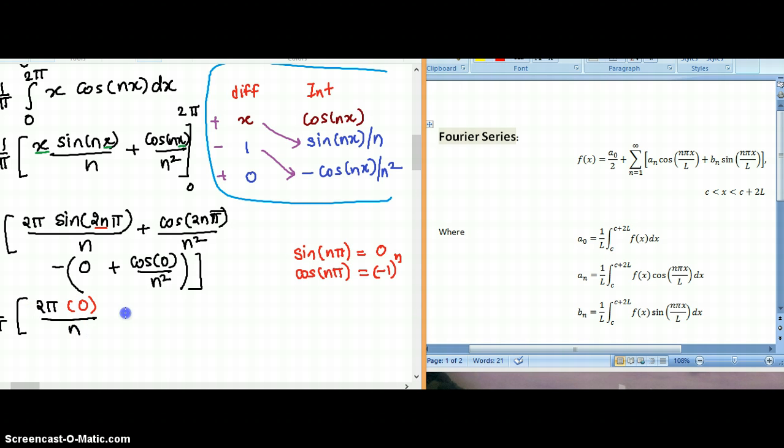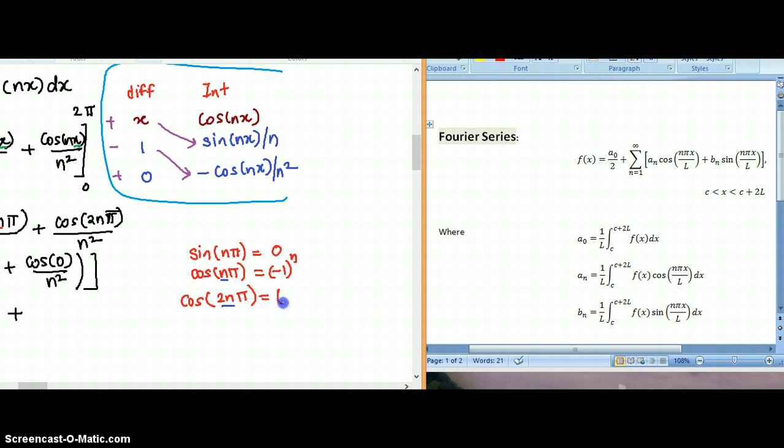Divide n plus cos of n pi. Cos of n pi is minus 1 to the power n. If it is cos of 2n pi, in place of n we have 2n. So this value will become minus 1 to the power 2n.